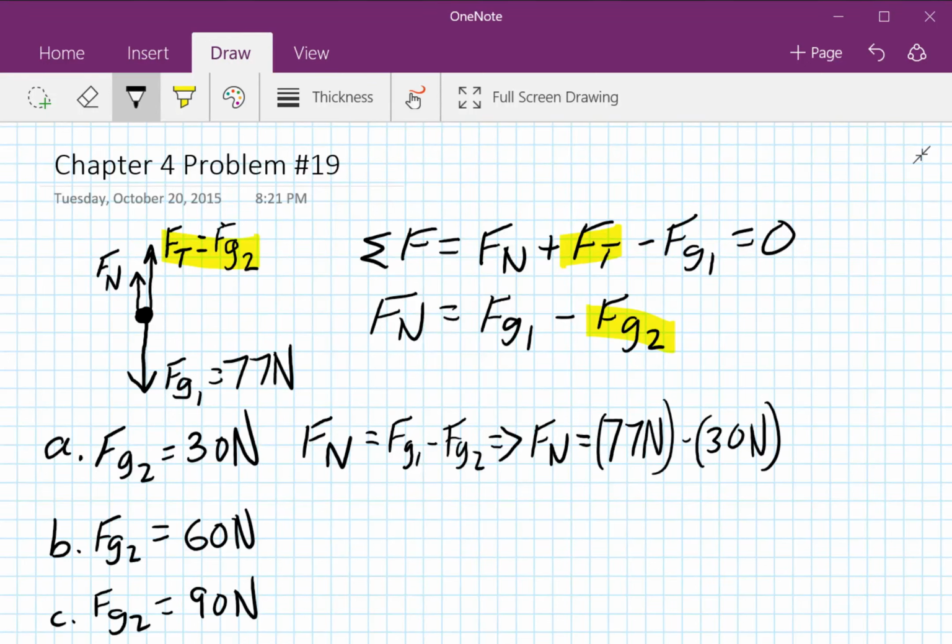So we have positive 47 newtons for part A. And you're going to have the exact same equation for part B. 77 newtons will stay, but this time we subtract 60 newtons. So you get positive 17 newtons.